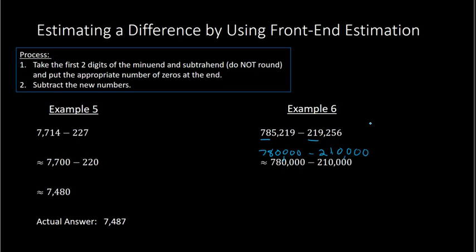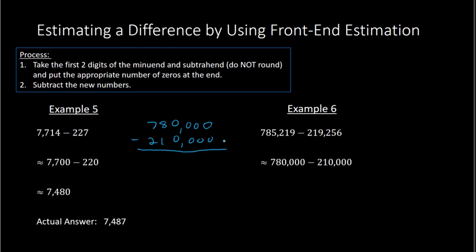All right, so we have 780,000 minus 210,000. And then I just subtract those to determine my estimation. So 780,000 minus 210,000. These numbers line up pretty nicely. So just work our way from right to left. 0 minus 0 is 0. Here again we have zeros, another set of zeros, another set of zeros.